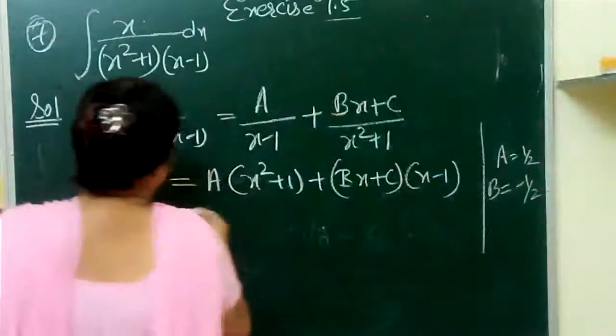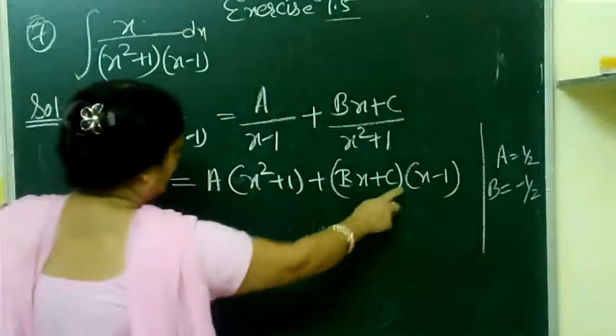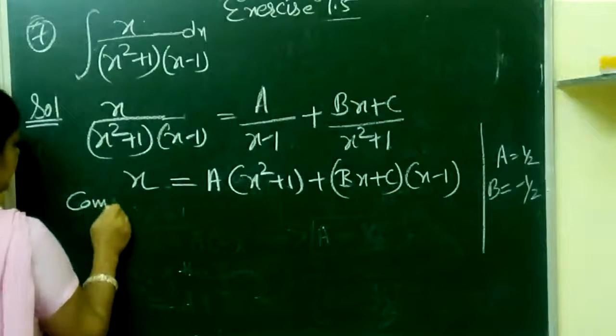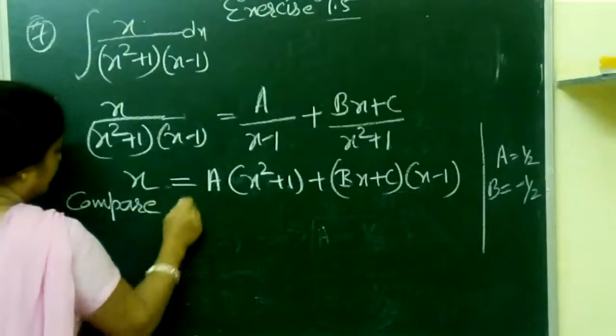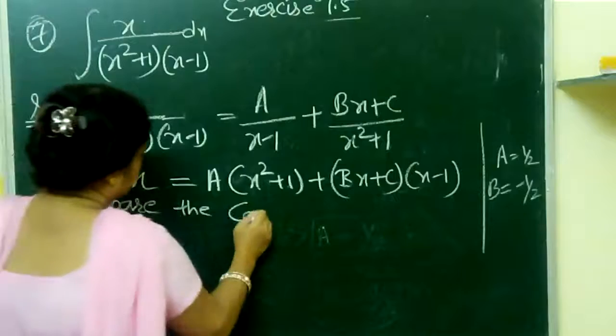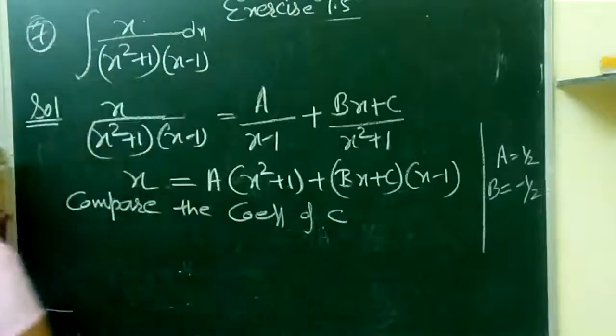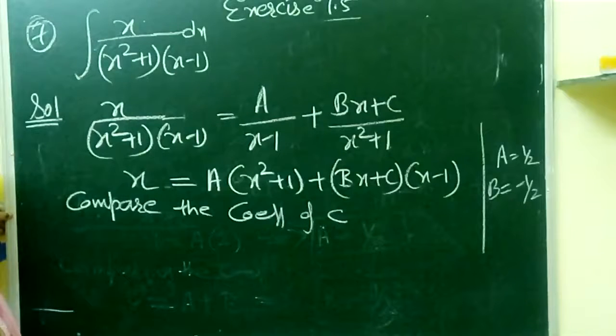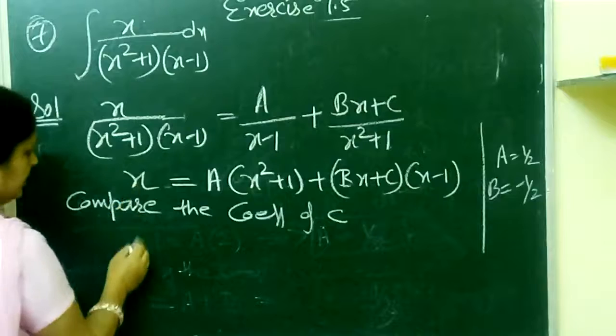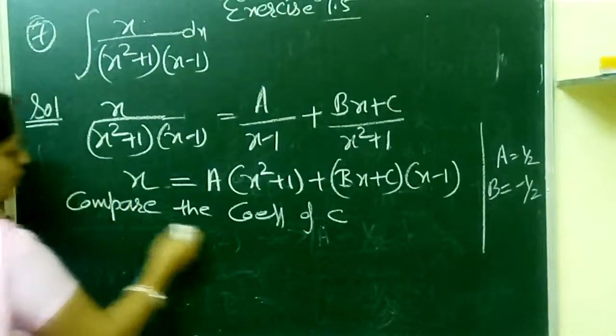After that we will find out the value of c. Now for c, here is the constant term. Compare the coefficient of the constant term. So what will come here?